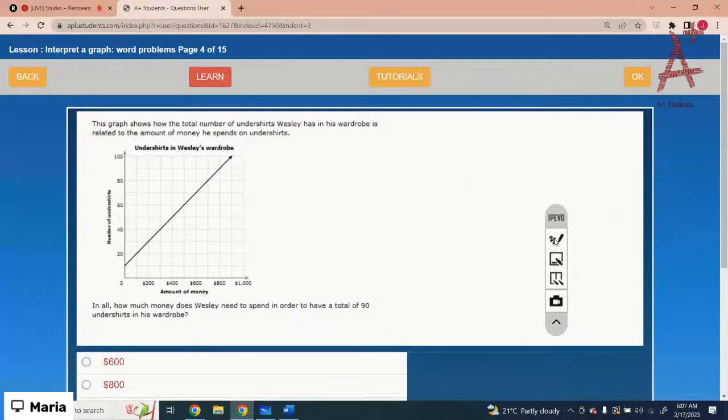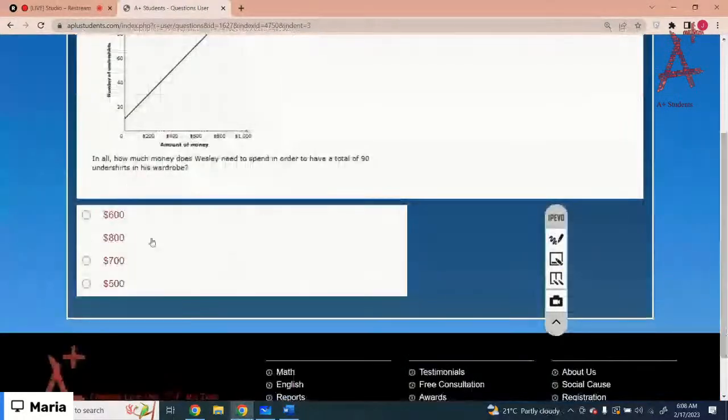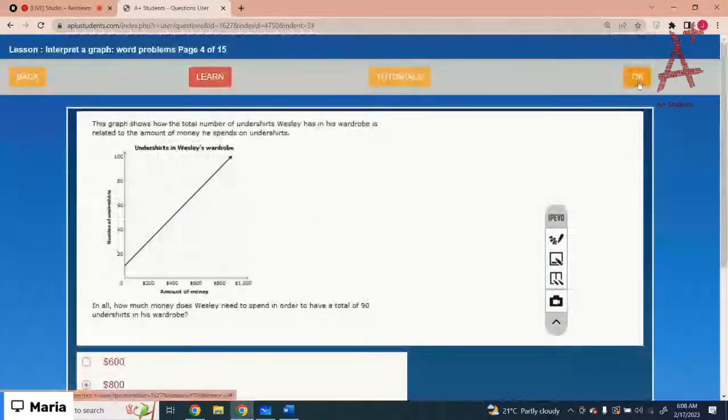Just match the 90 to the graph and then match it to the x-axis. That means Wesley needs $800 in order to have a total of 90 undershirts in his wardrobe. Got it? So the correct option is, sorry, 800. So not 1800. It is just $800. Got it? So the correct option is 800.